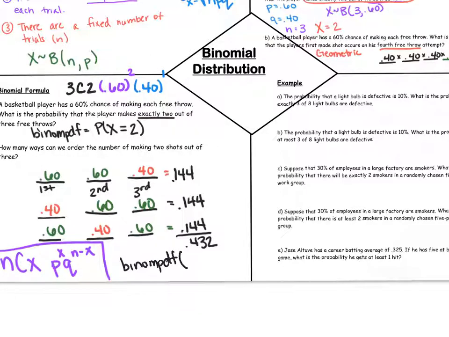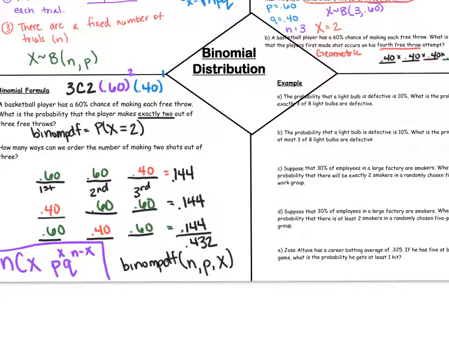The calculator wants you to give it three things. It wants a fixed number n, it wants a probability of success p, and it wants to know how many successes you want x, and it'll do the rest of the work for you. So in our calculators, we're going to go binomial PDF. What is the fixed number? 3.